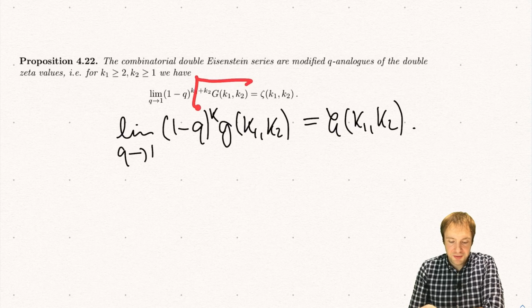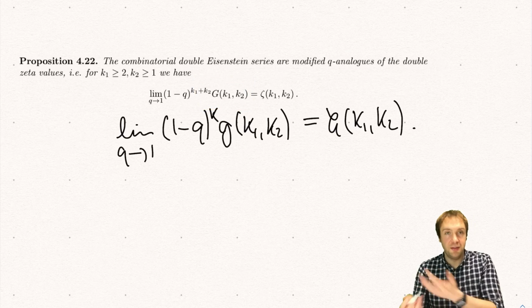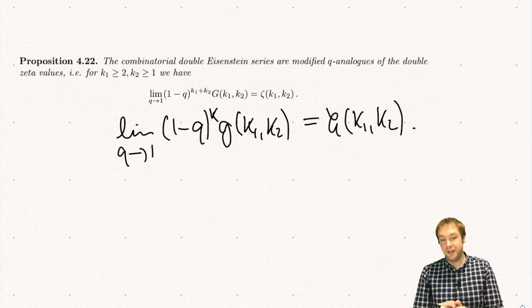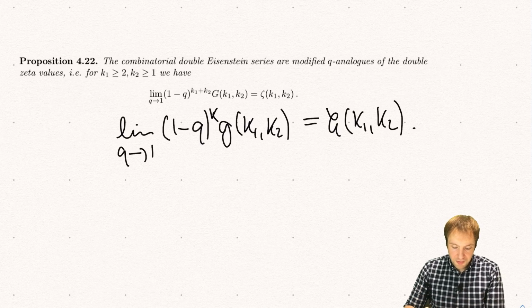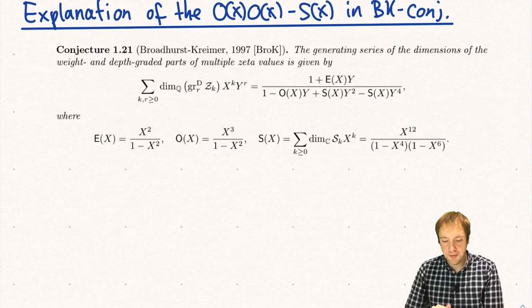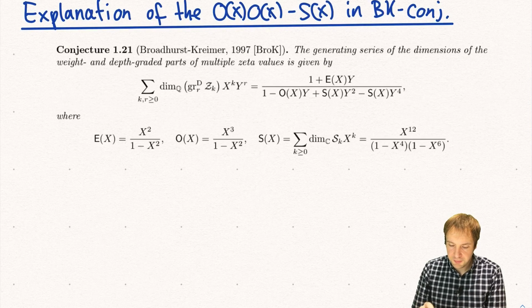But because this linear combination of G odd is a cusp form, this linear combination of zeta odd is given by the constant term of this cusp form, which is 0. And therefore this gives the relation among zeta odd. And therefore we get an explanation of this term here.